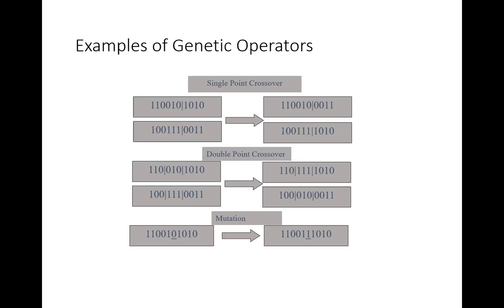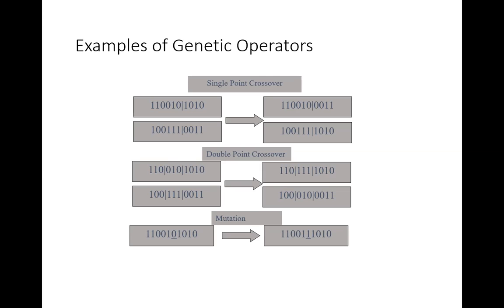And at some point, which is the dotted line shown here, they switch the last few bits of their chromosome. So you can see that you have two patterns on the left-hand side, and on the right-hand side, you have two patterns which are the result of single point crossover.